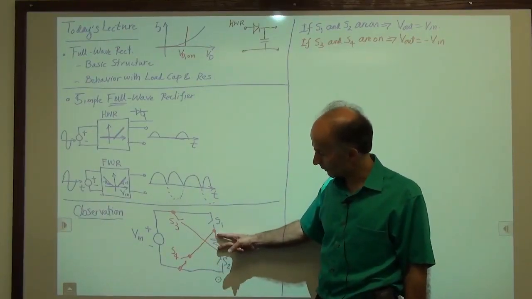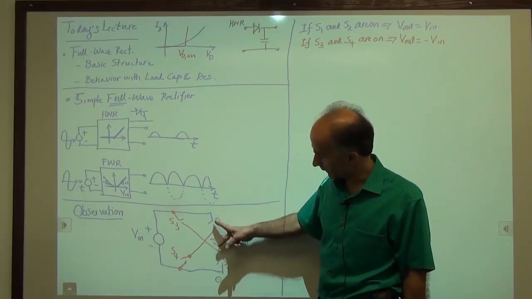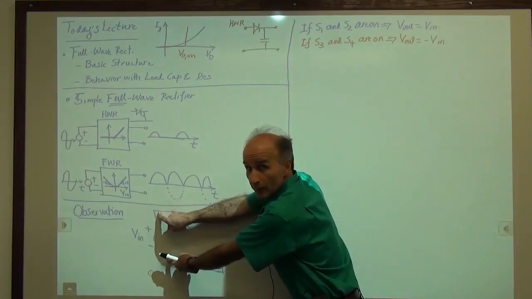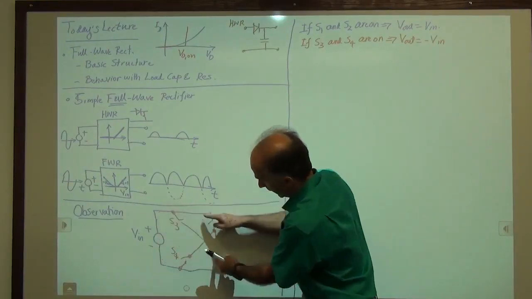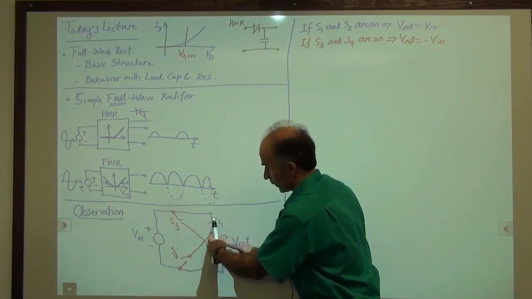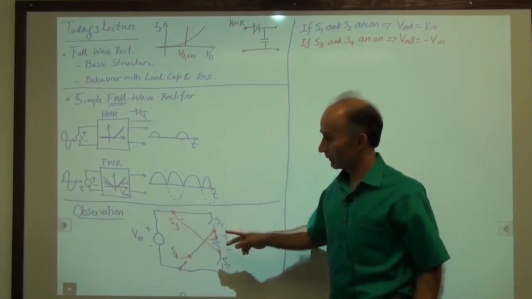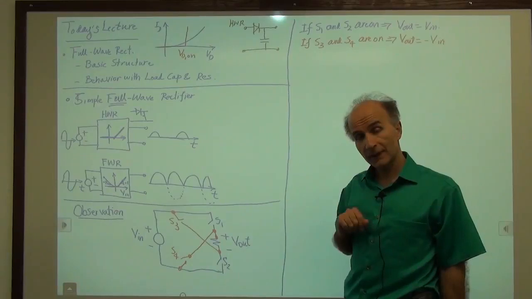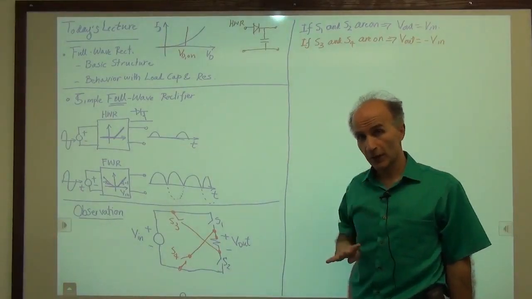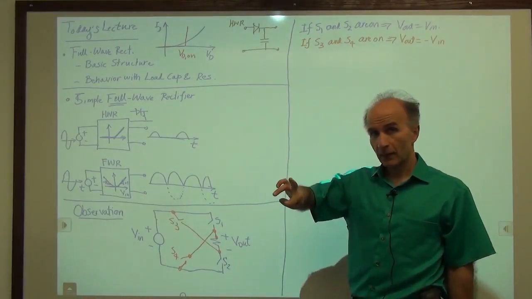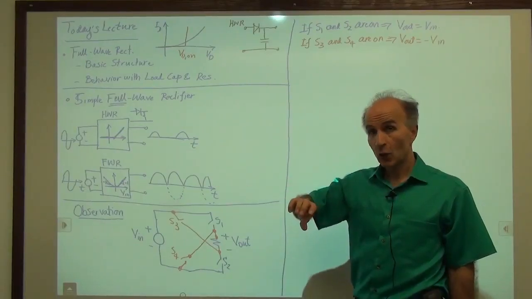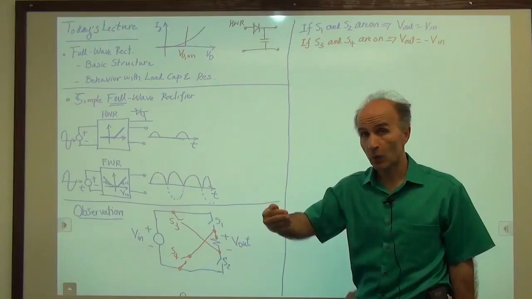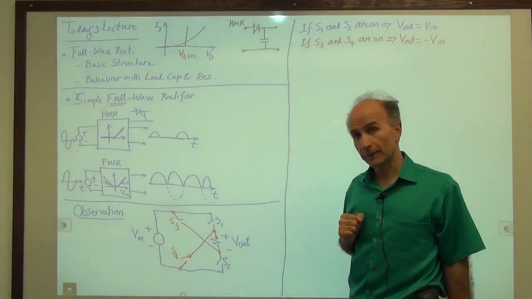So as the resistor between these two is connected this way to the voltage source, Vin is equal to Vout. But if it's connected this way to the voltage source, then Vin is equal to minus Vout. So it's a very interesting technique. Using four switches, we can send Vin to the output, or we can negate Vin, meaning multiply it by -1, and send it to the output.